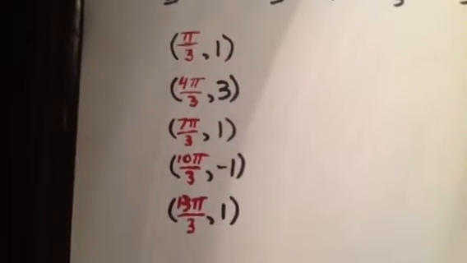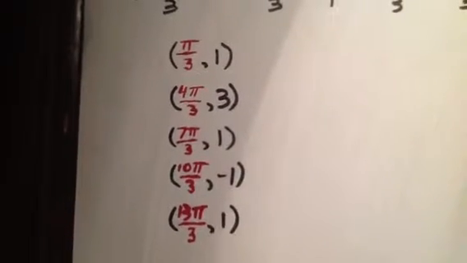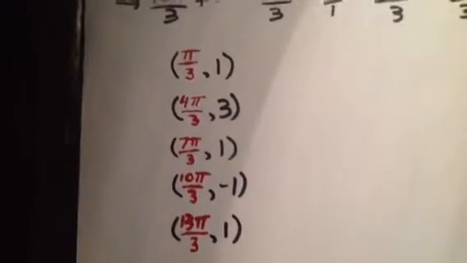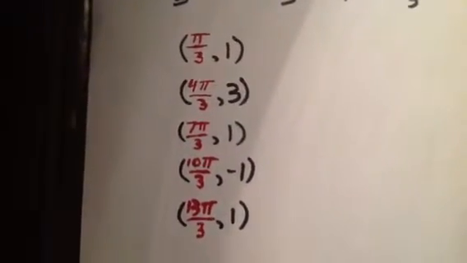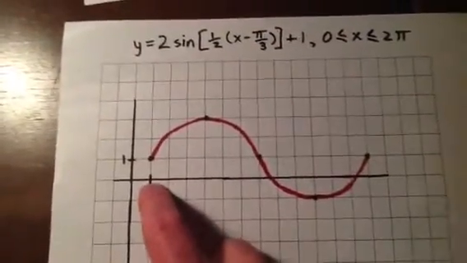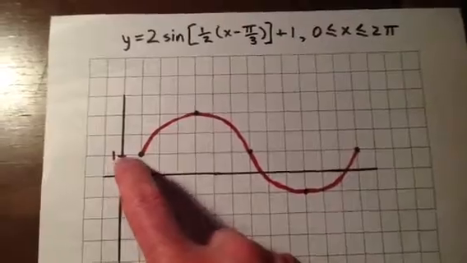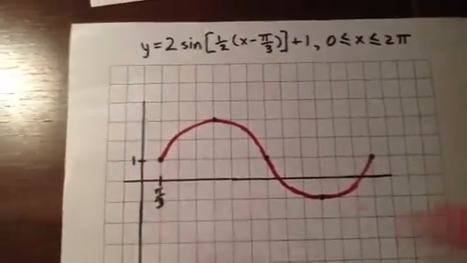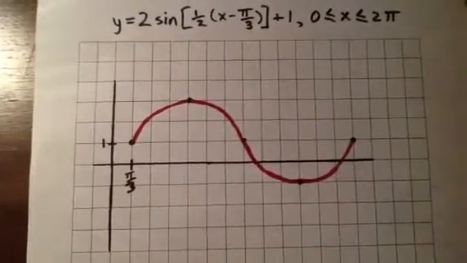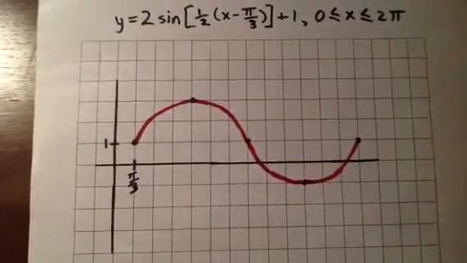The way that we get that in this question is by looking at the lowest common denominator. In this case, every denominator is 3. So our scale is going to be pi over 3 units. Doing that, we make our scale pi over 3 units, and our vertical scale is 1. We're then able to graph our 5 key points and draw an appropriate looking sine curve through them.